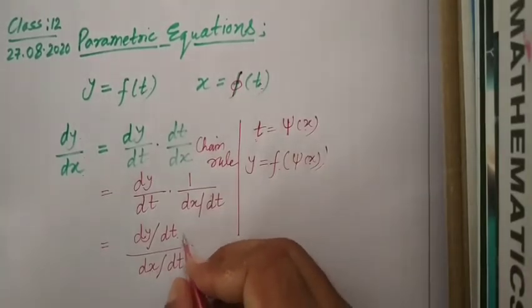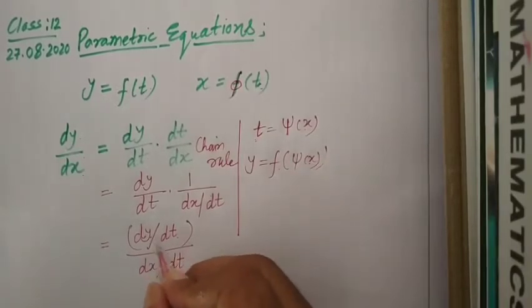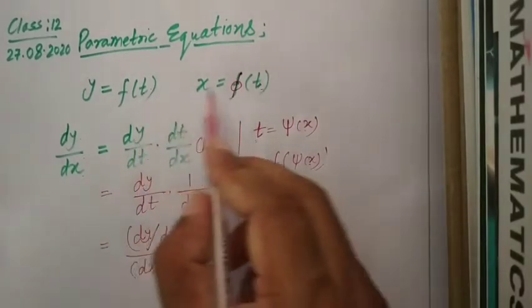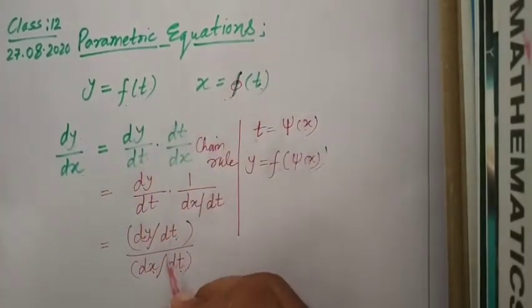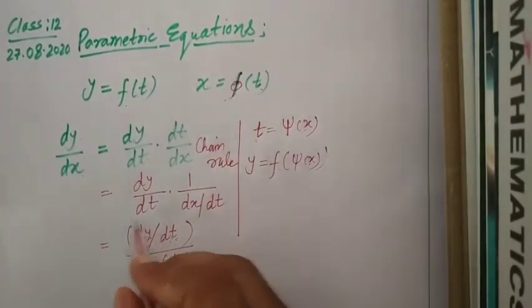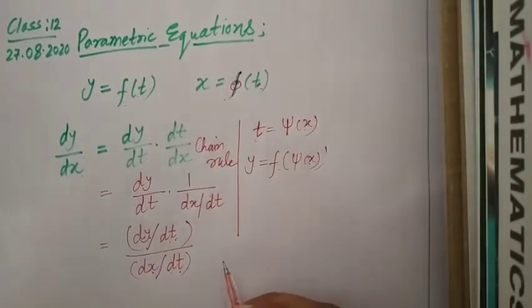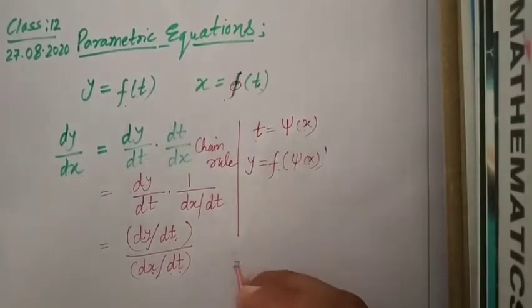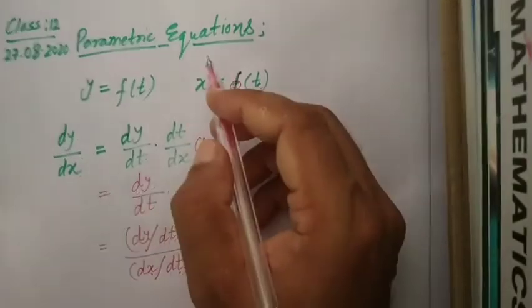That means we differentiate y with respect to t and x with respect to t, both functions are differentiated with respect to t, and then we take their ratio, which gives us dy by dx. So let's see some more interesting examples which will make it clear how to find dy by dx for parametric equations.